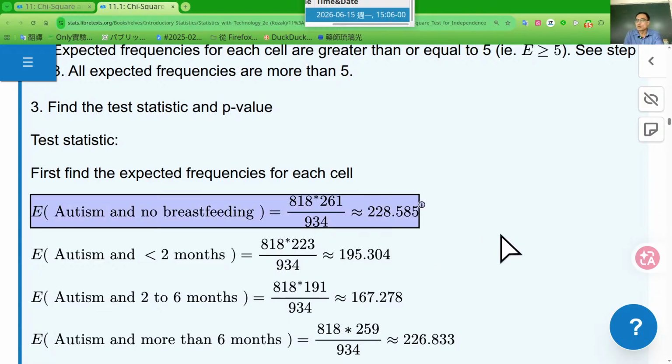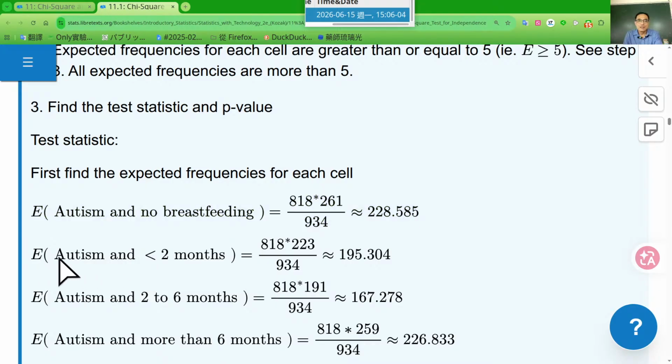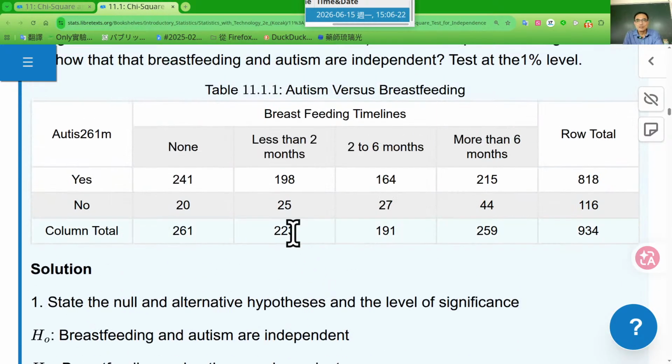The next one, expected value, autism and breastfeeding less than 2 months: 818 times 223 divided by the total number 934. The third one, autism, 2 through 6 months: 818 times 164 divided by 934.